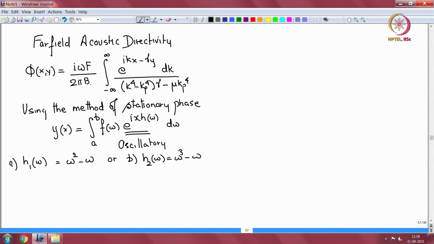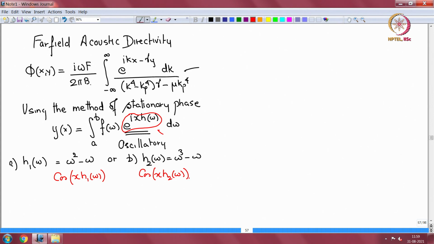For the moment, we are taking an example for the method of stationary phase, which we will apply here. For the moment I will consider this expression to be a cosine, for making life easy. So it's cosine of x h1 of omega in this case and cosine x h2 omega in this case.